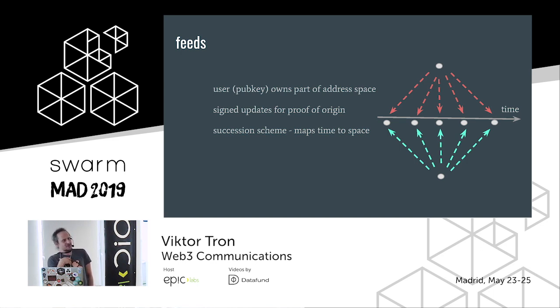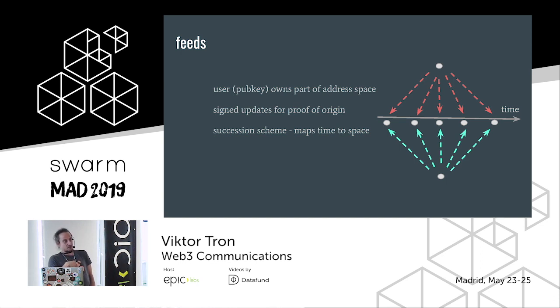Instead of the chunk hash as a content address, it says that the address space is partitioned in a way that each user that has a public key has the right to occupy certain parts of the address space.